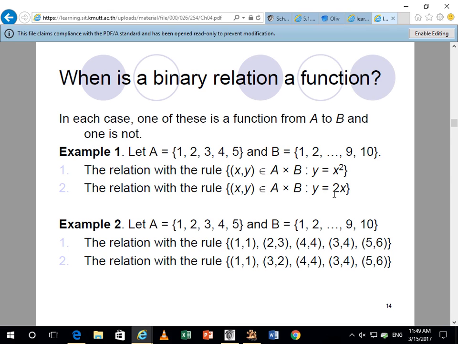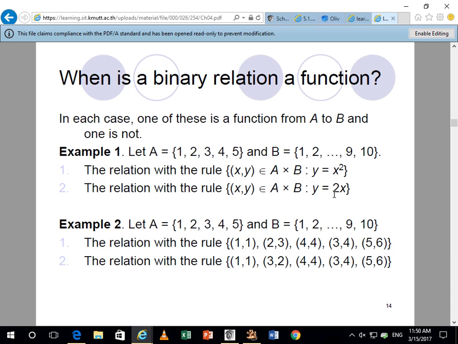In this case, some give you no output. So this is not a function. But in the second one, in some cases, 3 is input, gives you 2. 3 is input, gives you 4. So the second relation gives you multiple outputs for the same input. So this is not a function.